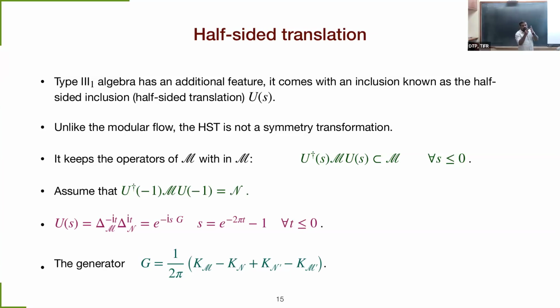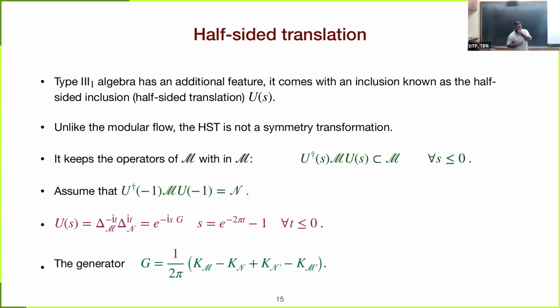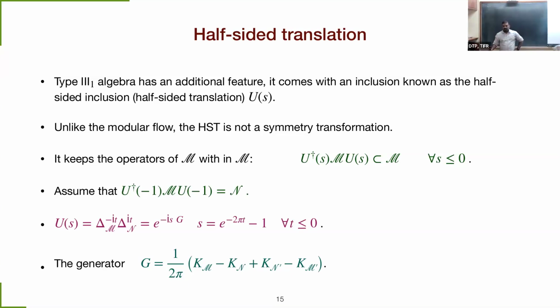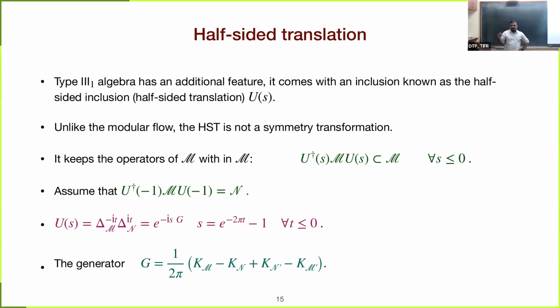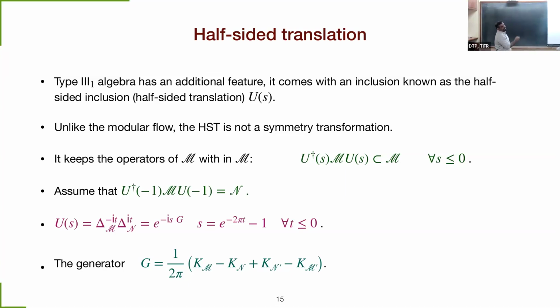The definition of U(s) comes with two algebras, M and a subalgebra, so that fixes the parameter range of s. So U†(-2) M U(-2) is not the same thing, and the entire definition changes. So it is a normalization of s. Yes, it is more like that. But all the freedoms are there because I haven't specified what kind of criteria N has to satisfy. Things will change if you change the value from -1 to -2. I will give an example. Yes, we are going to use this explicitly.